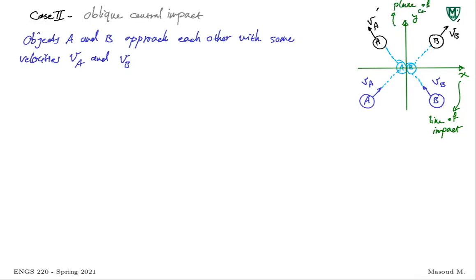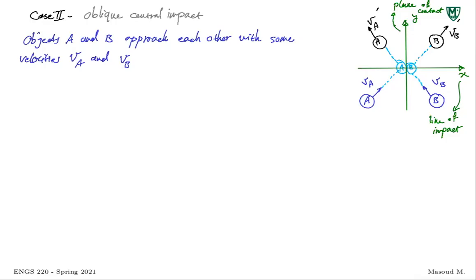There's a plane of contact where this contact happens, along the surface of these two objects hitting each other. And then there's the line of impact. You can just think about them as X and Y.